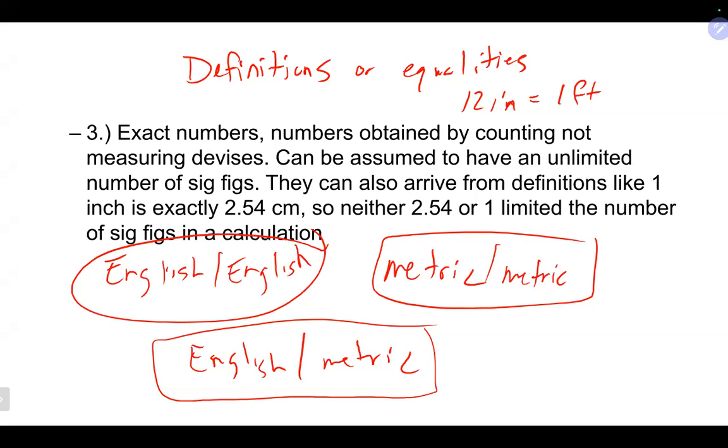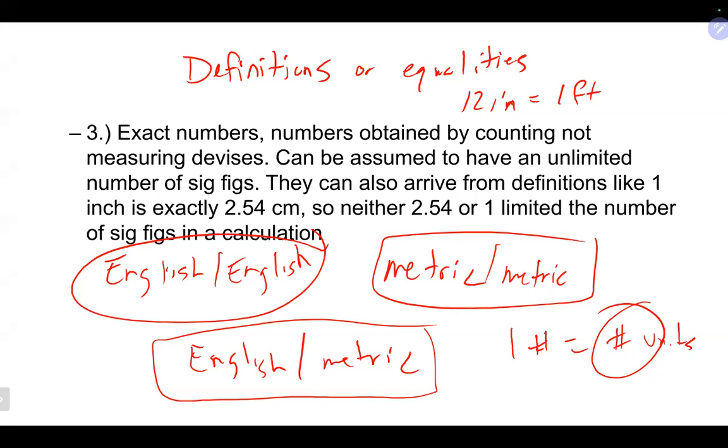There's typically a number that is 1, and then the other unit is a number with some units. So you would look at the one that's not 1 in that conversion factor, and you would take into account the number of significant figures it has.